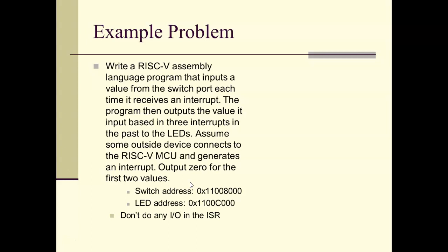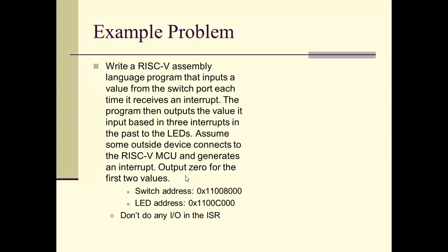So every time it gets an interrupt, it's going to output the value that it read from the switches 3 interrupts ago. Okay, so that means that this is going to have a storage element. It has to remember what it read a couple times ago, and that's the key to making this problem work. I'm going to use some registers as intermediate storage registers.